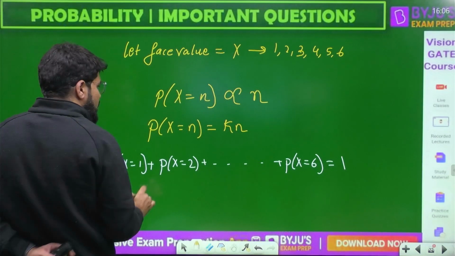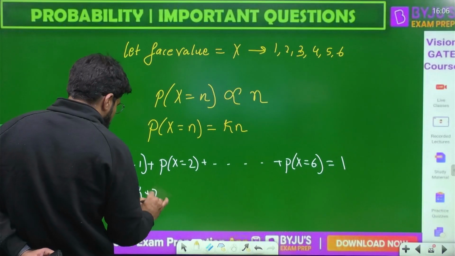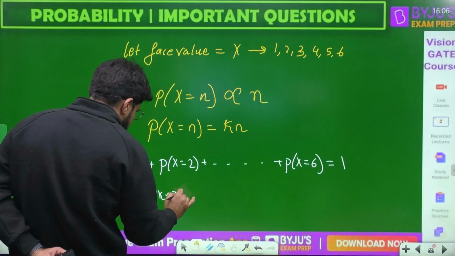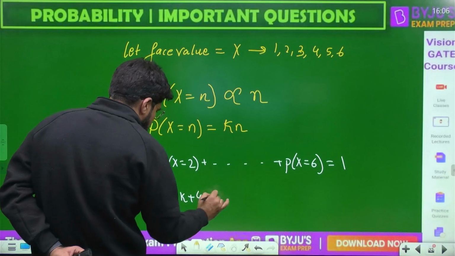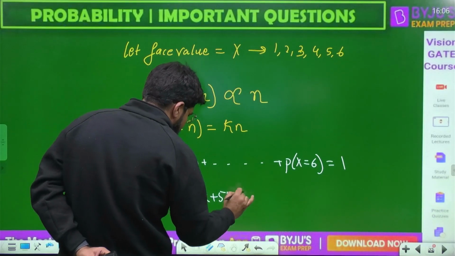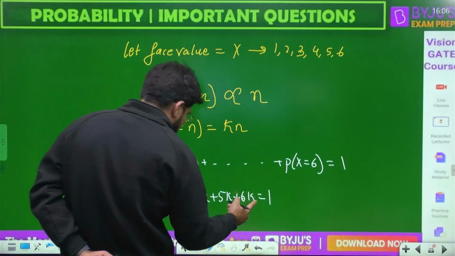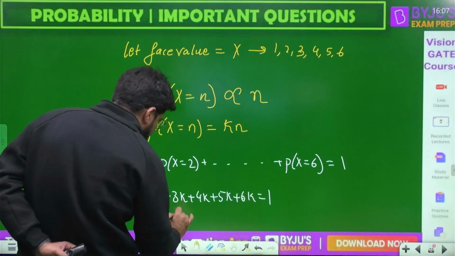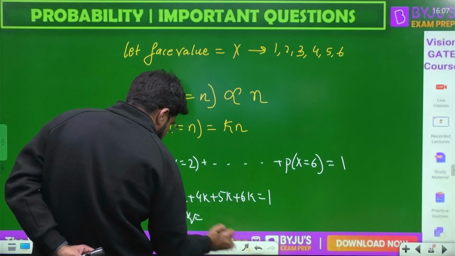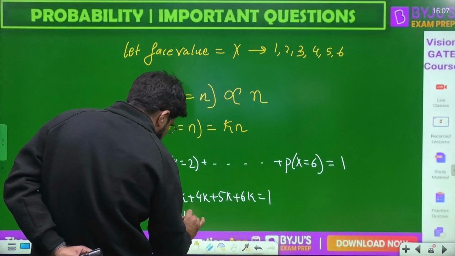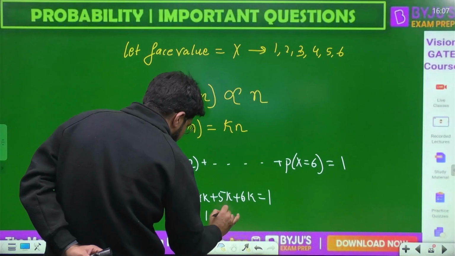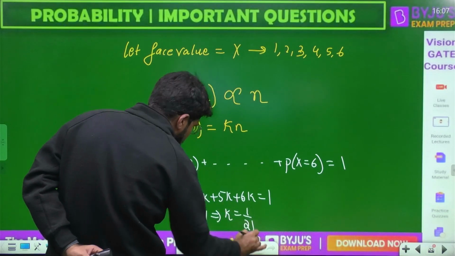Okay, x equal to 1 gives k, then 2k, 3k, 4k, 5k, 6k. This is equal to 1. This becomes a total of 21k equal to 1, and hence k will be equal to 1 by 21.